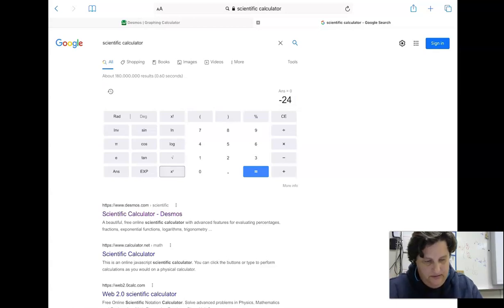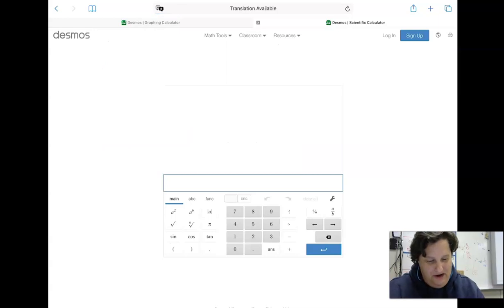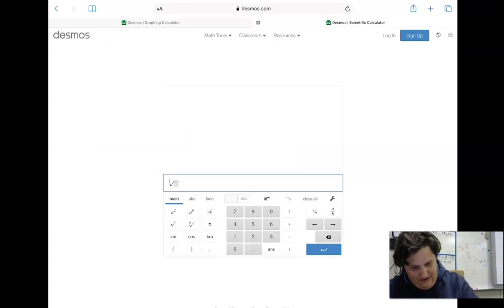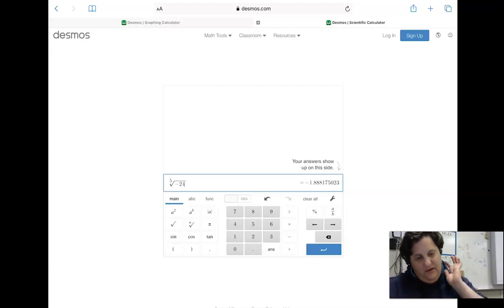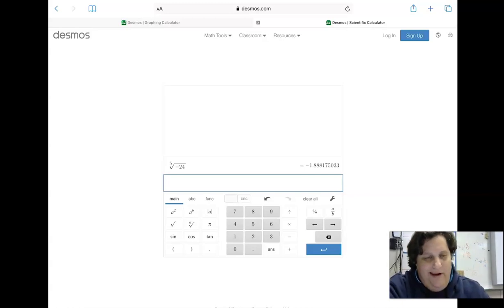No, I got to use Desmos. Sorry, that calculator's bugging me. All right, here we go. We can do the fifth root of negative 24. And it's like negative 1.888.